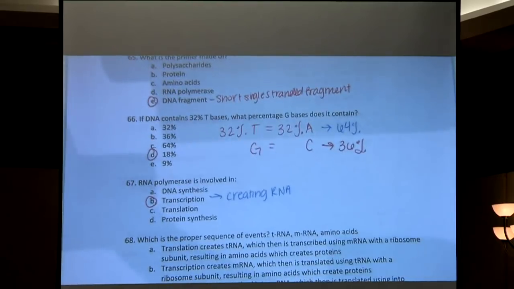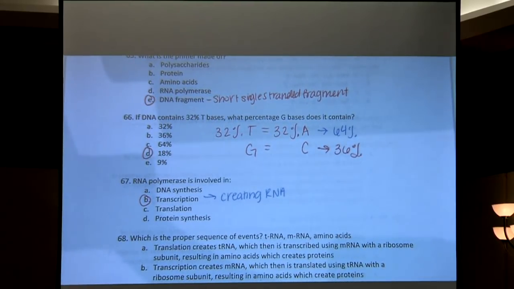68 is kind of a long one. This refers to making sure you're using tRNA, mRNA, and amino acids in this kind of structure. So which is the proper sequence of events? Translation creates tRNA, which is then transcribed using mRNA with a ribosome subunit, resulting in amino acids, which create proteins. What do we think?